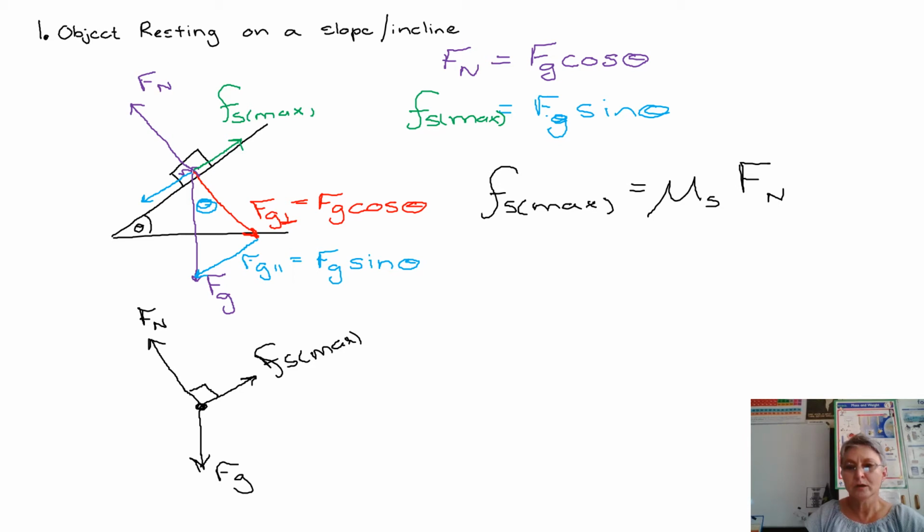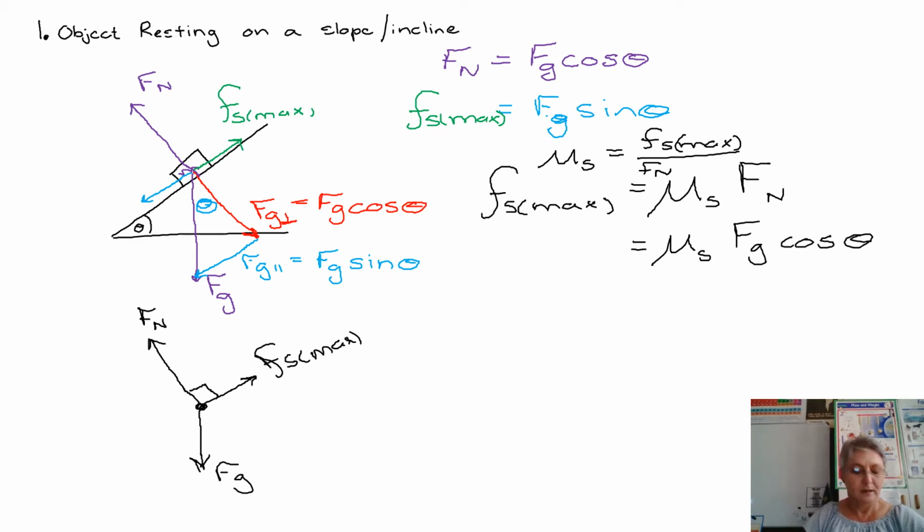Mu s, the coefficient of static friction, is the ratio between Fs max and the normal force. Fs max is mu s times Fn, and we know that Fn is Fg cos theta, and that gives us Fs max.